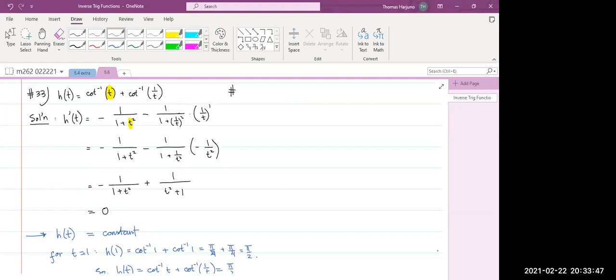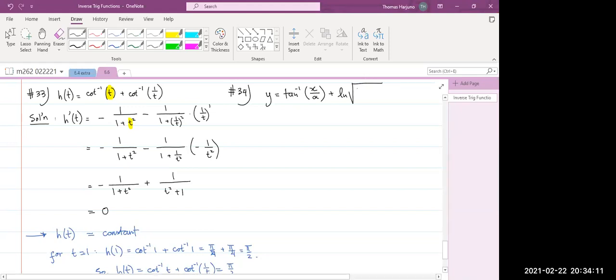What about 34? Okay, 34. Number 34, y equals tangent inverse of x over a plus natural log square root of x minus a over x plus a.